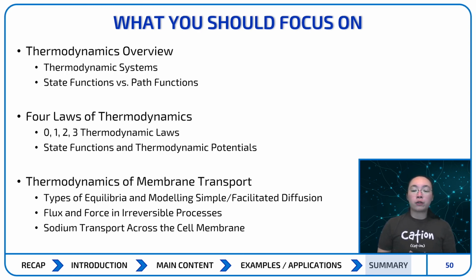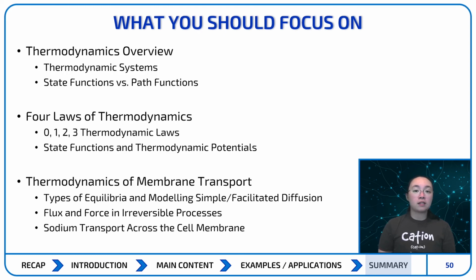Know the 4 different thermodynamic laws and how those different state and path functions play a role in each one. And of course, we ended off with thermodynamic potentials, so definitely know how to get to those equations for F, G, H, and U.